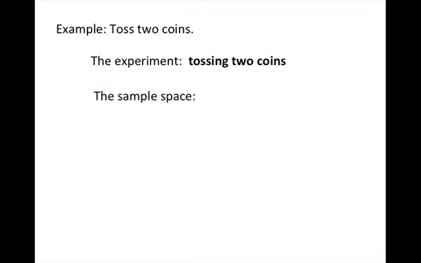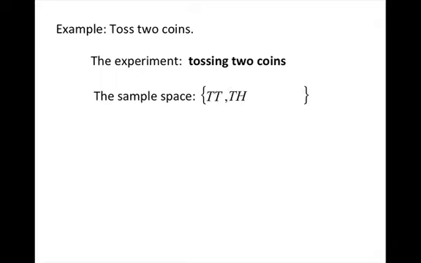Now let's look at another example, tossing 2 coins. Well, the experiment, the actual action, is tossing those 2 coins. With the sample space, I'm going to list what could happen each time I toss the 2 coins. Well, first, I could toss tails both times, so I'm just going to write that as TT.